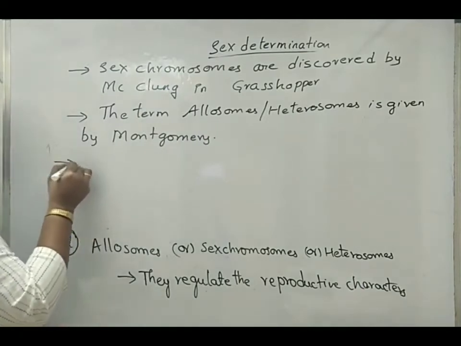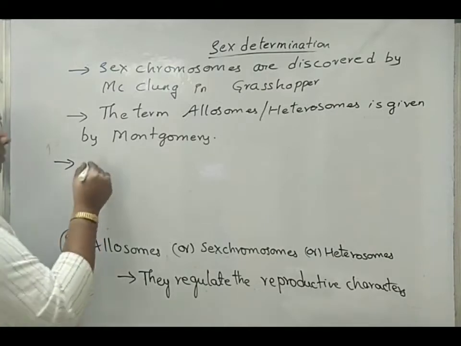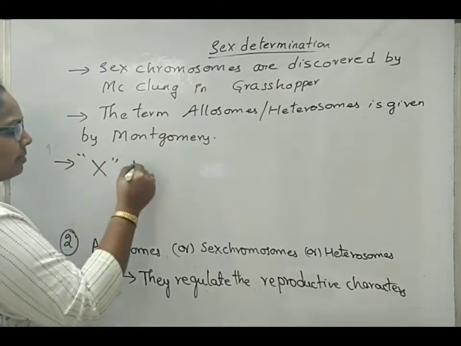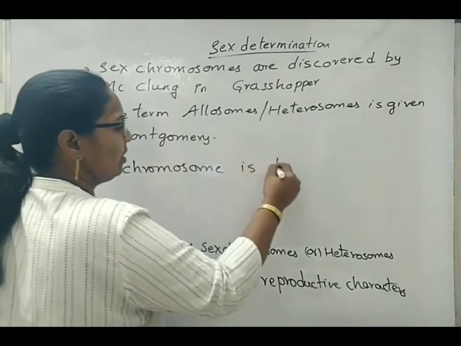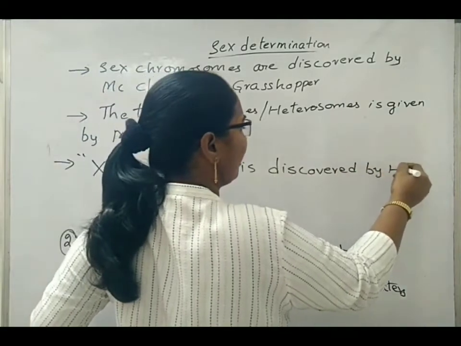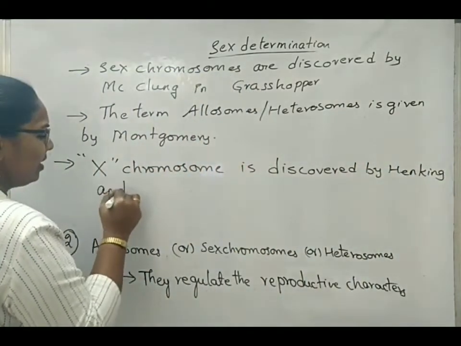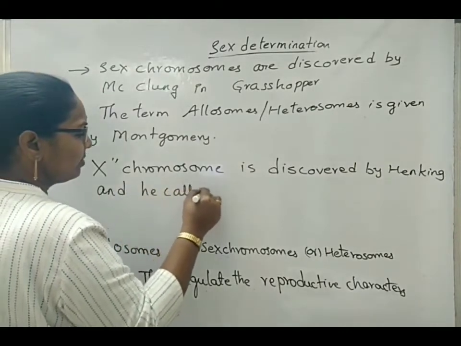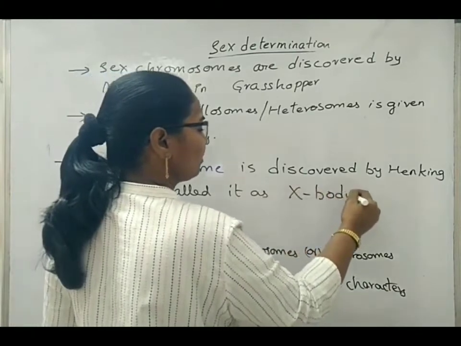Next, among allosomes, the X chromosome was discovered by Henking, and he called it the X body.